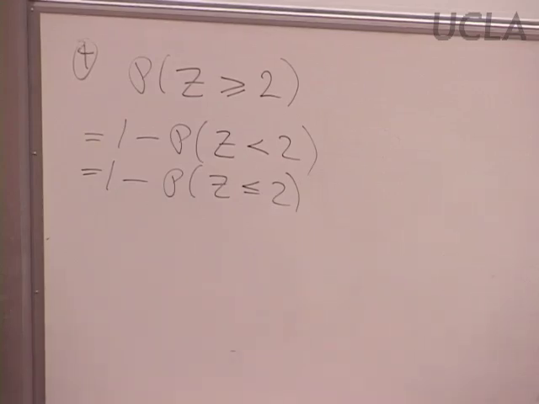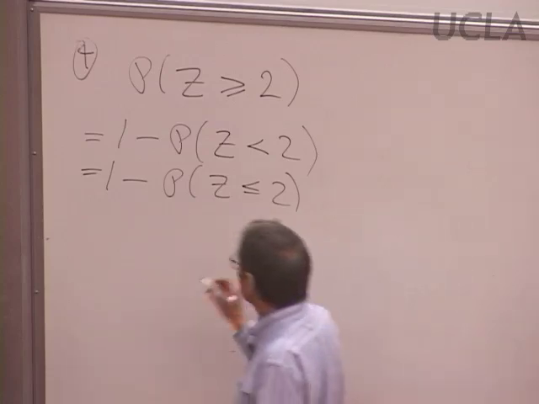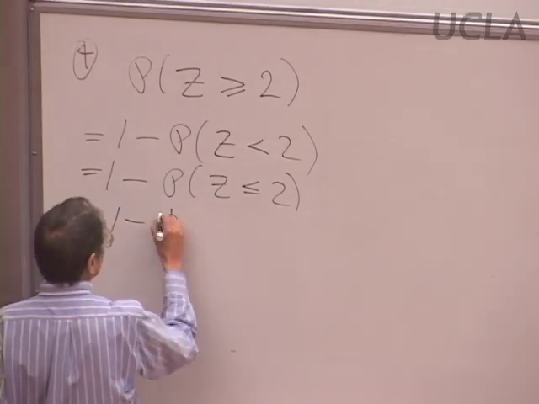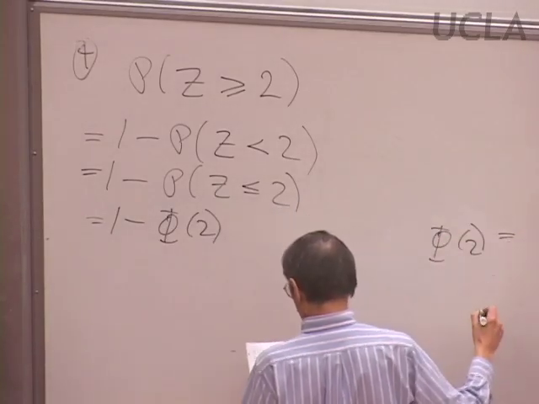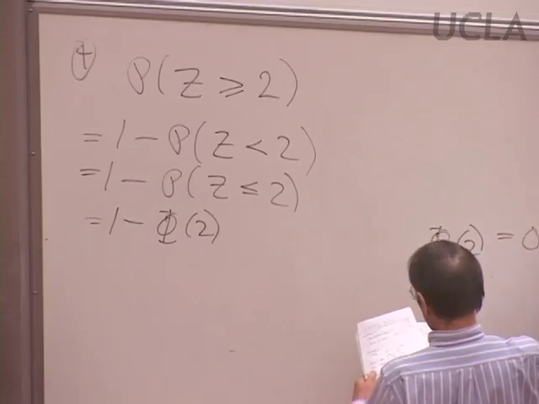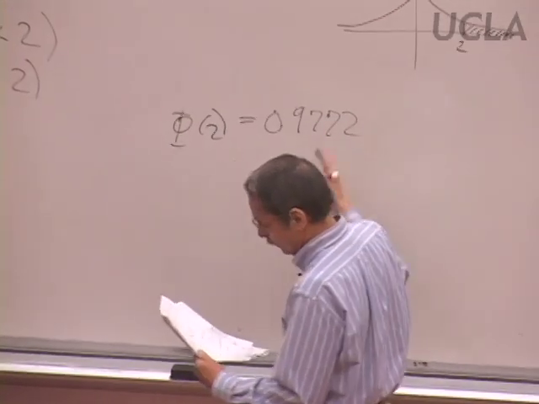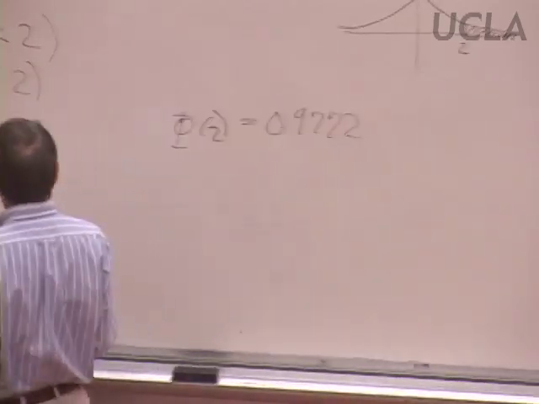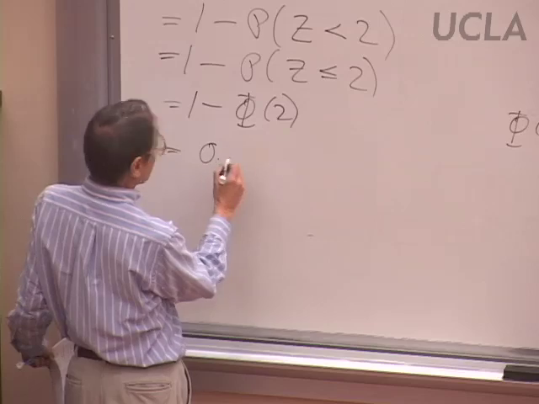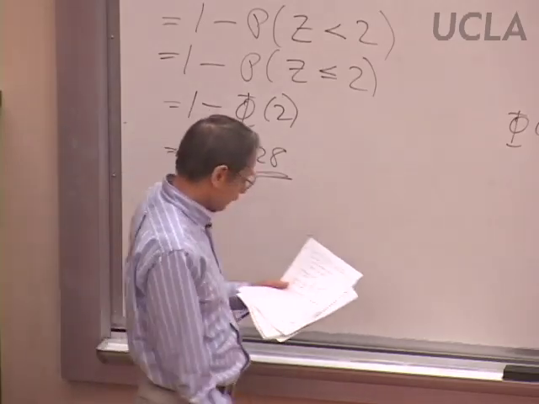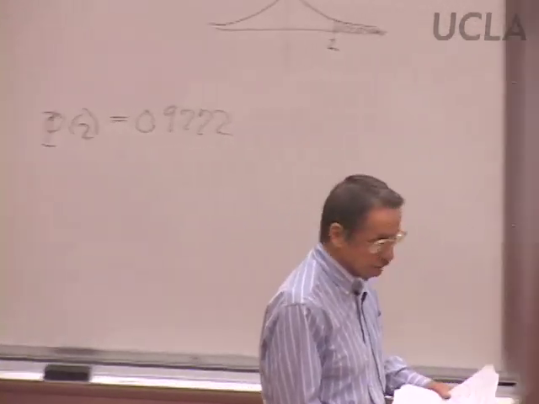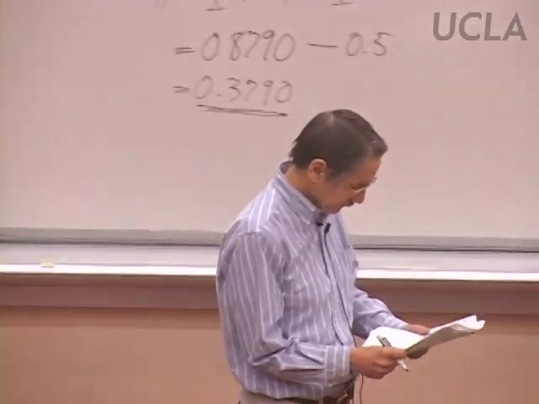The probability of being exactly any one number is vanishingly small. Written this way, it's 1 minus phi of 2. So we look in our table for phi of 2. Phi of 2 is 0.9772. It's already getting pretty big. So this would be 1 minus that, 0.0228, about 2.25%. And same for other numbers.